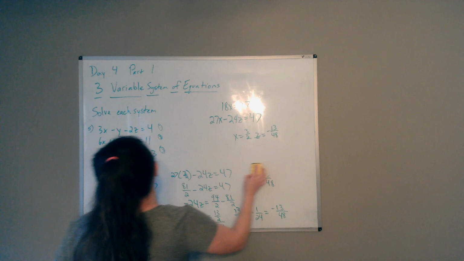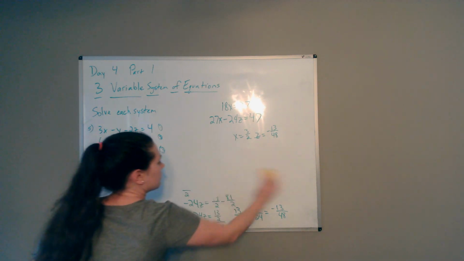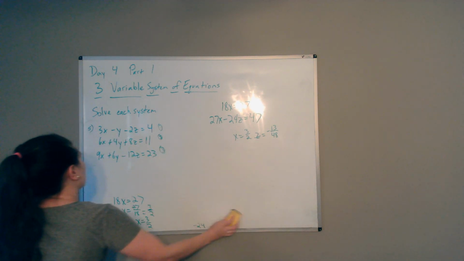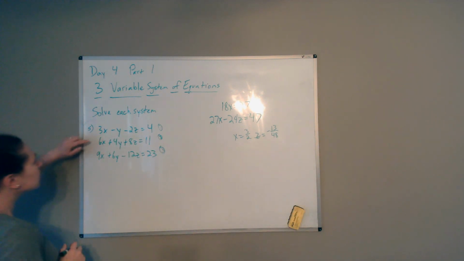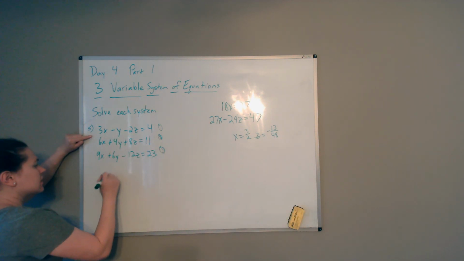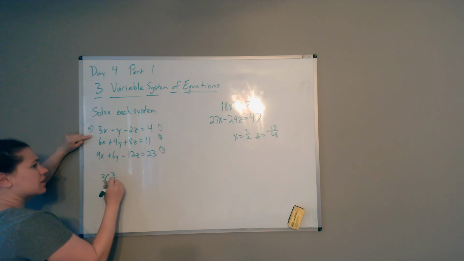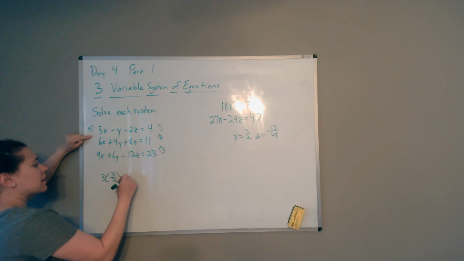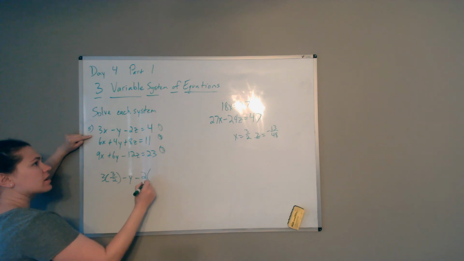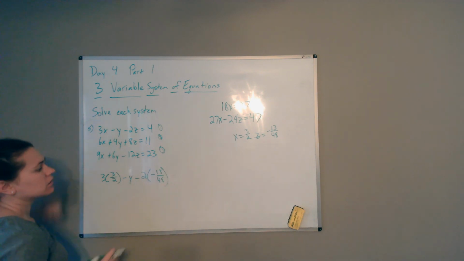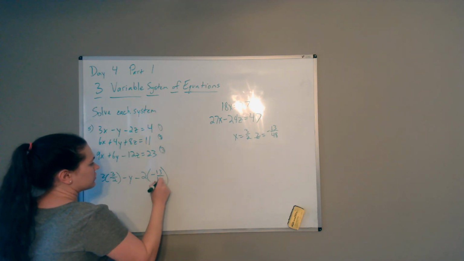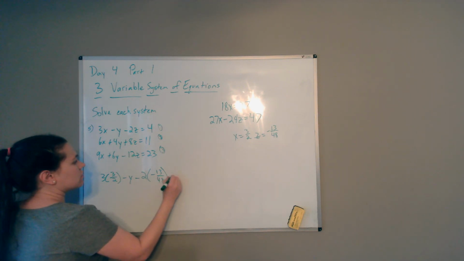So now we're going to solve for y. So we're going to go back to one of the original. I will use the first. So 3 times 3 halves minus y minus 2 times negative 13/48. Woo! This is the fraction test right here. Equals 4.